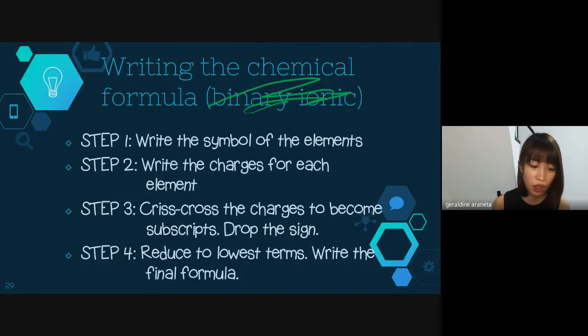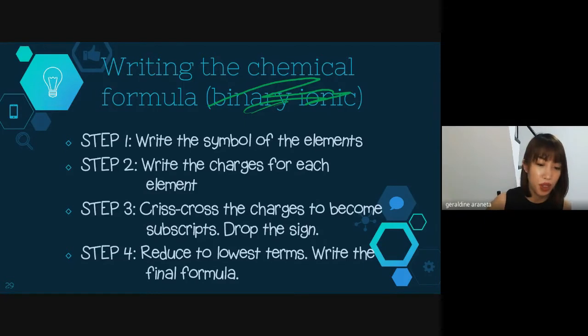So for magnesium, the charge is positive 2. For oxygen, the charge is negative 2. It is below the atomic weight, under the oxidation states. Okay, you have to be familiar with that. That is where you will find the charges.